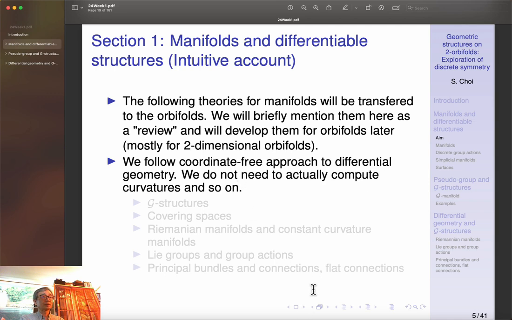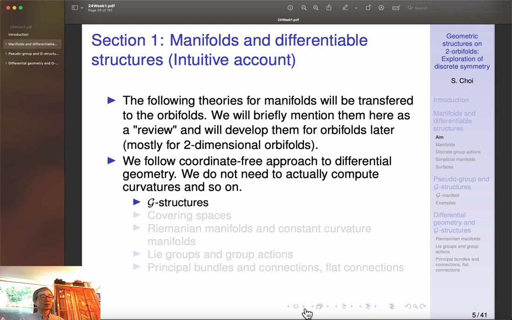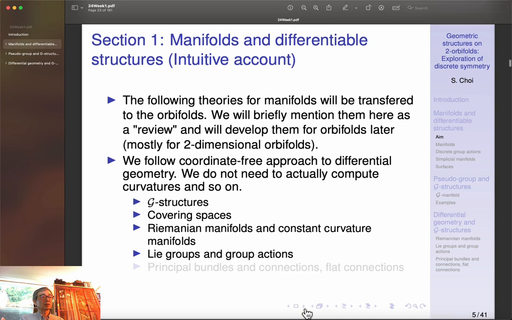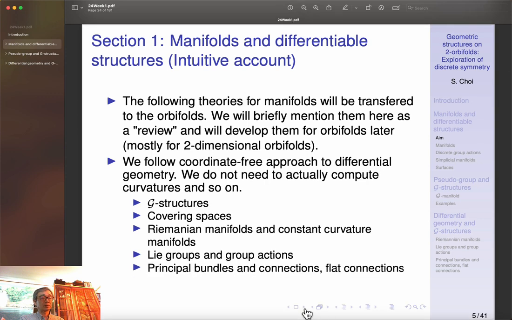We mostly follow the coordinate-free approach to differential geometry, and we do not need to really compute curvatures and so on. So these will be G structures, covering spaces and Riemannian manifolds with constant curvature, Lie groups and Lie group actions, and principal bundles and connections. These will be mostly our topics, how we will approach this subject.